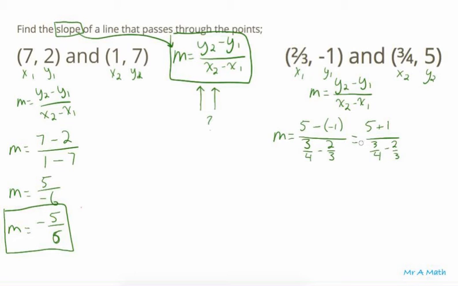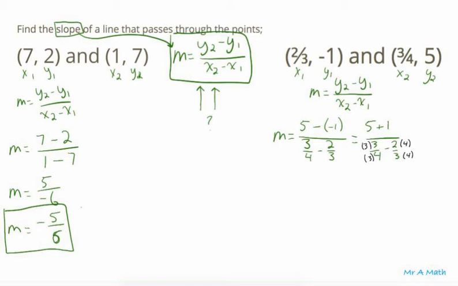Okay, so for the denominator here, we've got to get the fractions to have common denominators so that I can subtract them. So I'm going to multiply the top and bottom by 3 on this one, and the top and bottom by 4 on this one, to get them to have the same denominator. Again, if you're wondering why we're doing this, consider checking out the video that I'll tag so that you can review how to add or subtract fractions with unlike denominators.